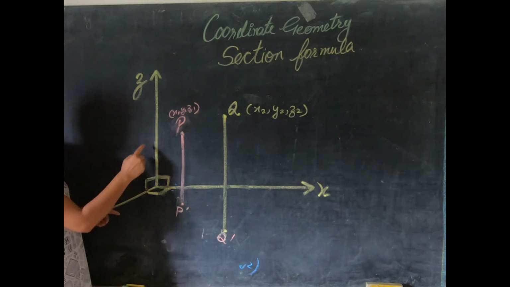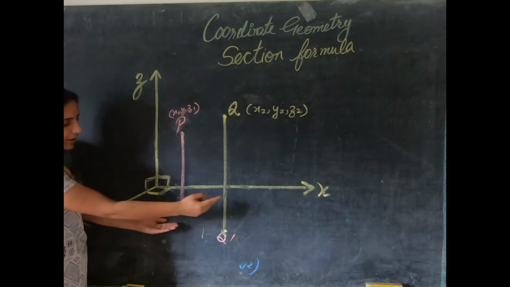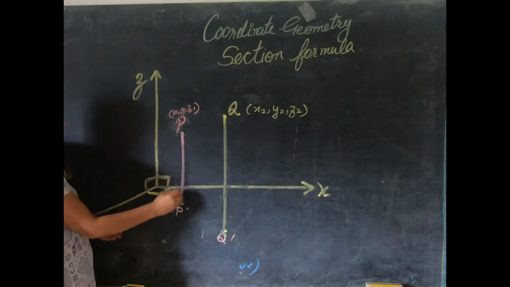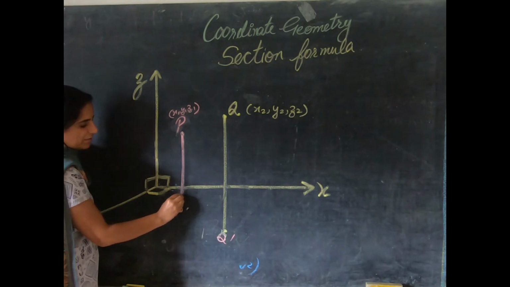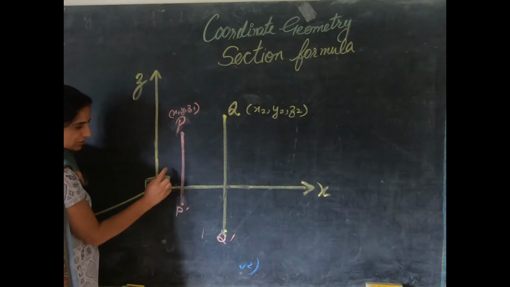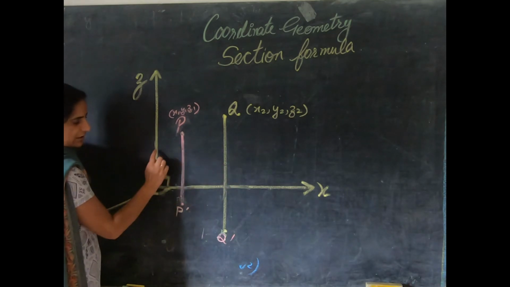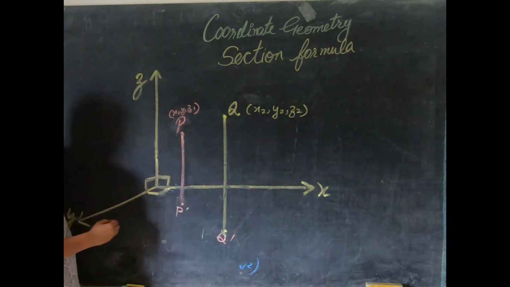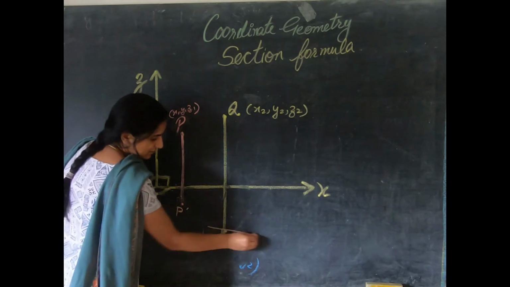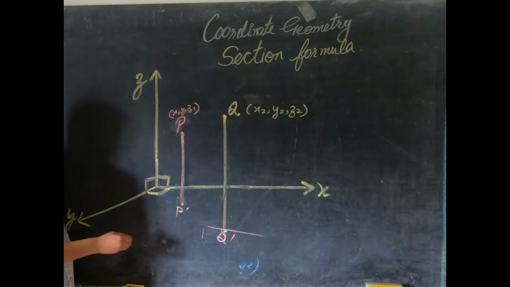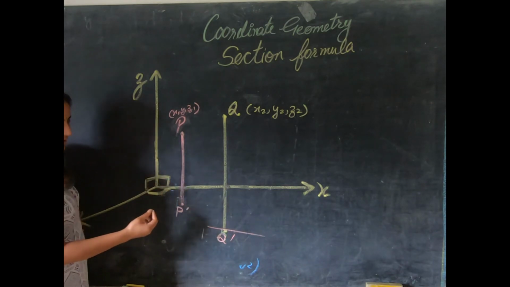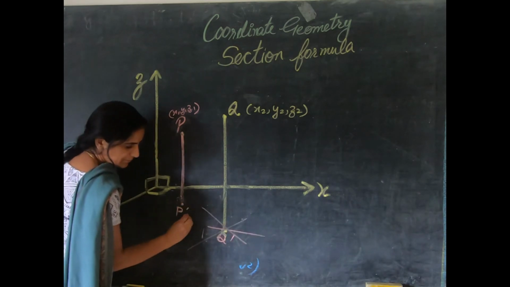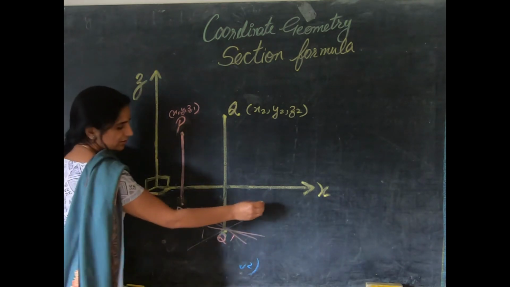And if z is perpendicular to every line on xy plane, then this will be perpendicular to this line also, because this is parallel to this. Both of them are going to be perpendicular to any line on this plane. I'm just focusing here. Suppose this is a line on xy plane. There are infinitely many lines in a plane. Suppose these all are the lines in this plane.